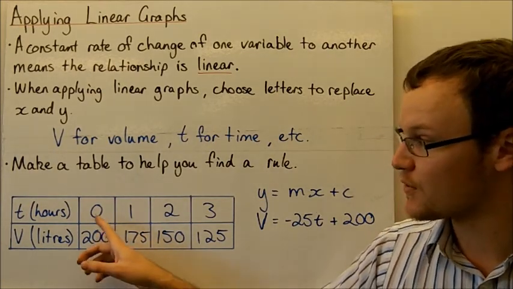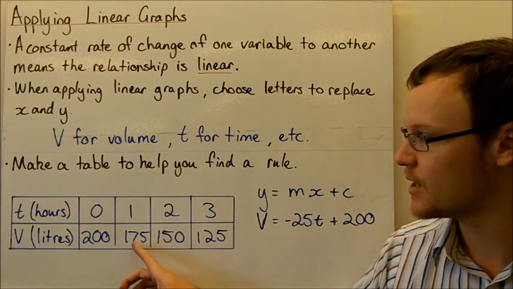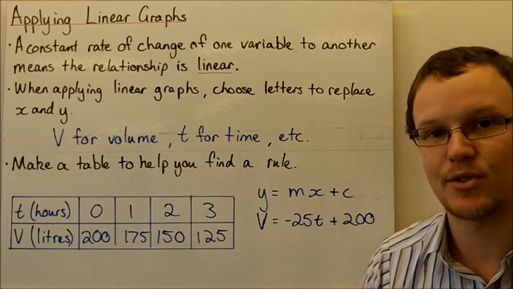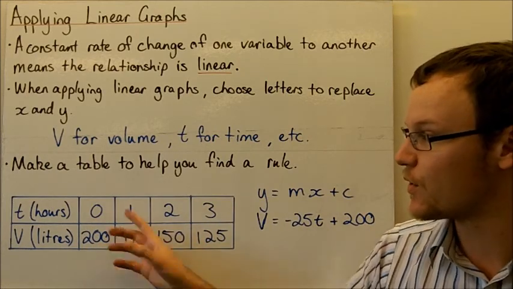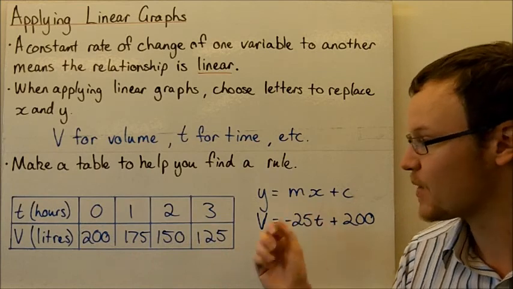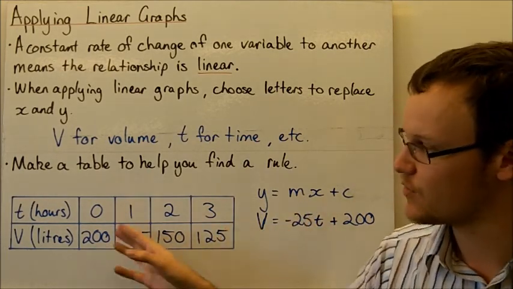After 1 hour it's leaked 25 litres out, after another hour another 25 litres, after another hour another 25 litres. We can then use the techniques we know for working out the values for m and c to get a rule out of our table.